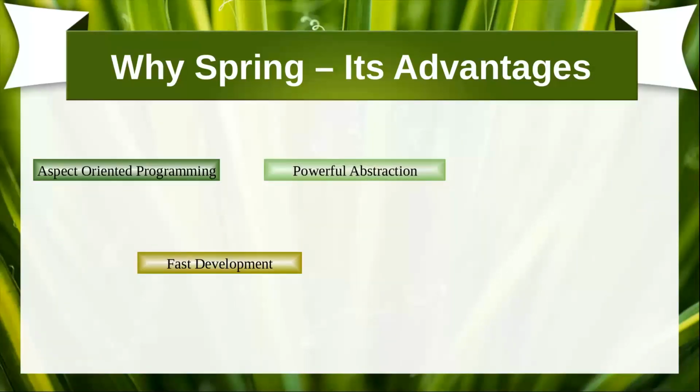The Spring framework provides powerful abstraction in JMS, JDBC, JPA, JTA, etc. So you don't have to write too much code, and these are all provided by the framework. These are some of the advantages of the Spring framework.